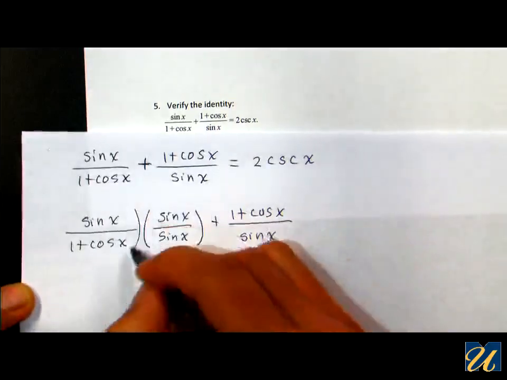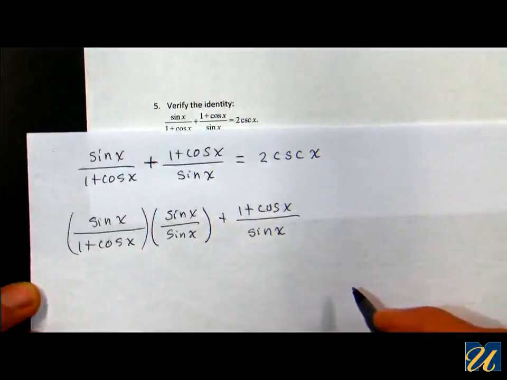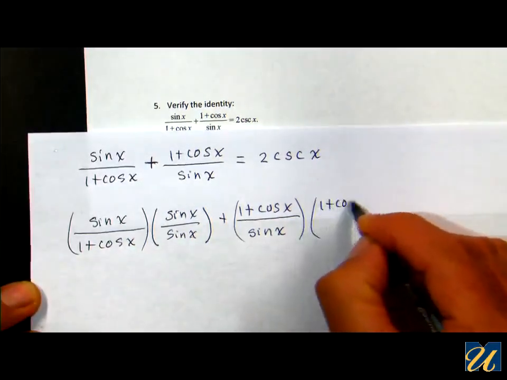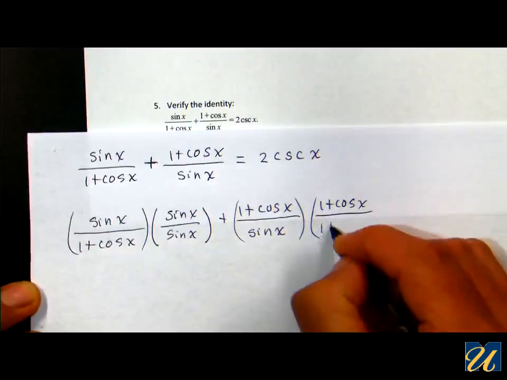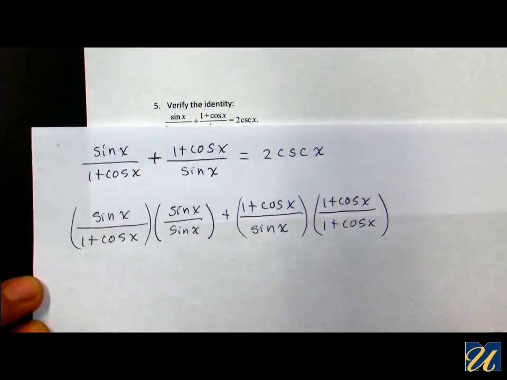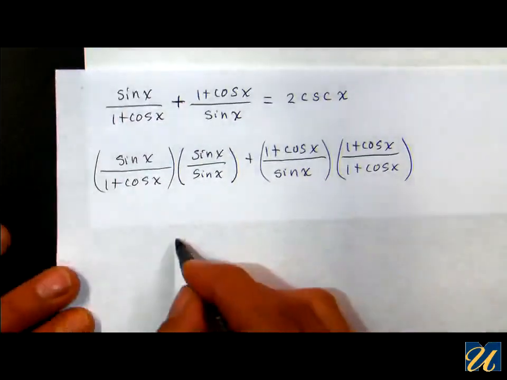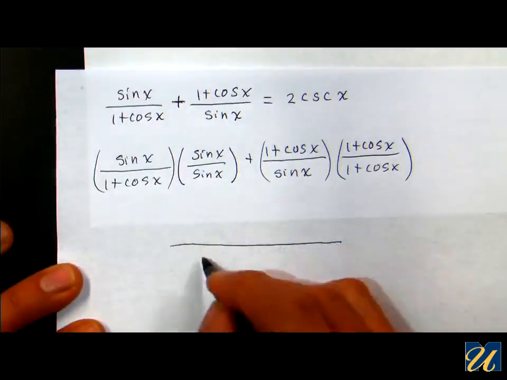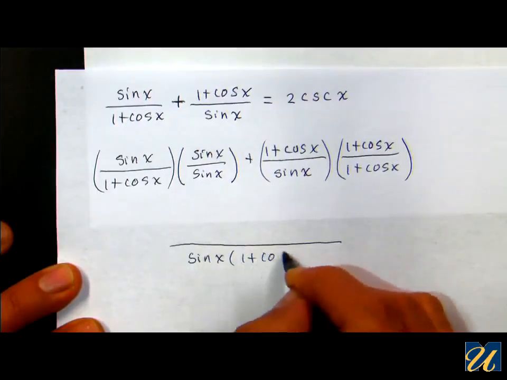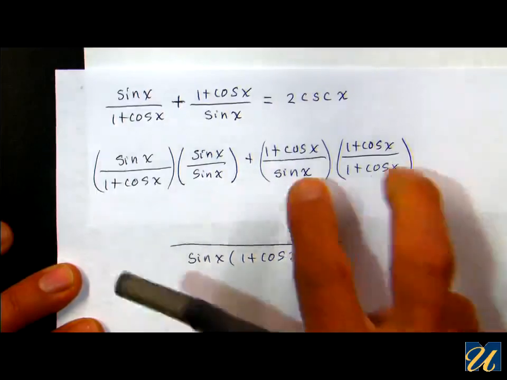And then, let's write that correctly. And then we'll multiply that by the other denominator, 1 plus cosine x over 1 plus cosine x. Okay. That's just to get it equal to a single fraction. So now our denominator is sine of x times 1 plus cosine of x. Right? We got the same thing twice.